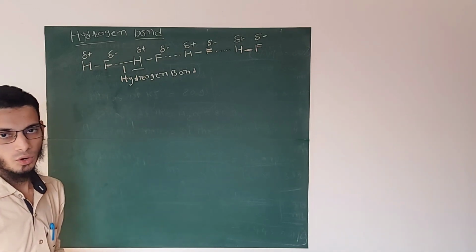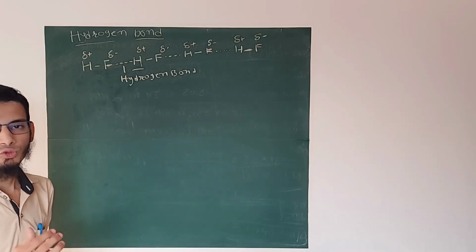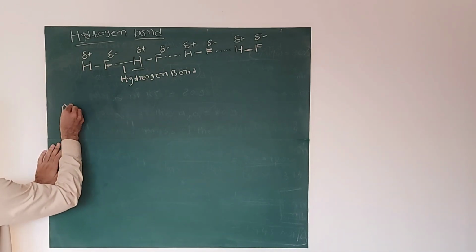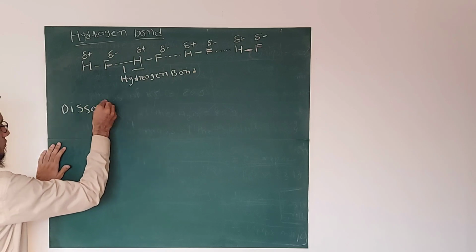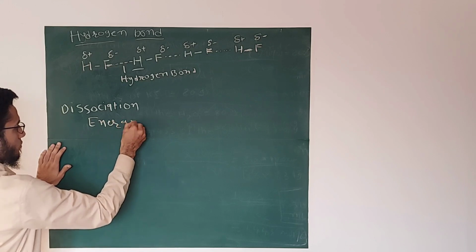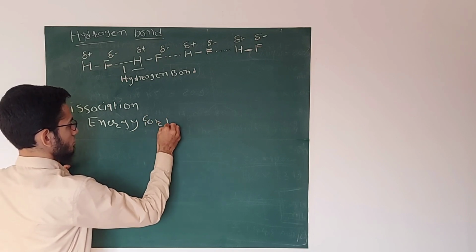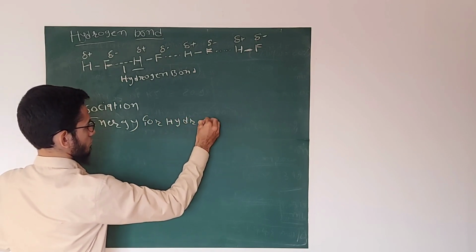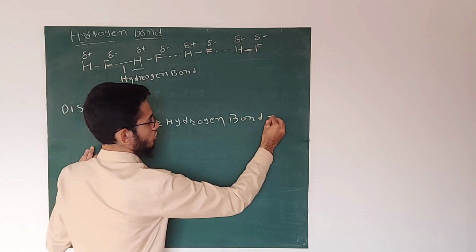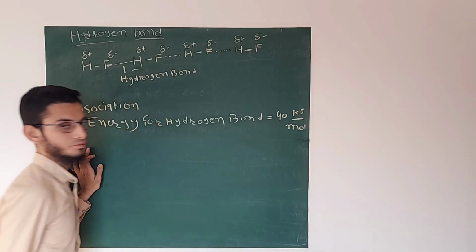First of all, we should know the strength of hydrogen bond. The strength of hydrogen bond is weaker than the covalent bond. First of all, we should know the dissociation energy. The dissociation energy for hydrogen bond is equal to 40 kilojoule per mole.